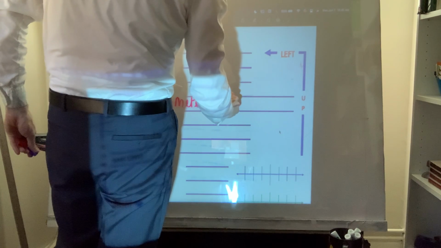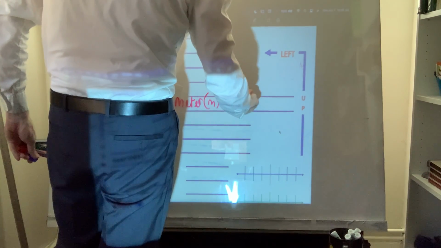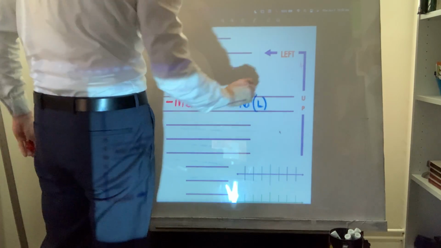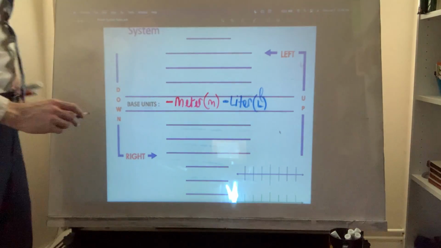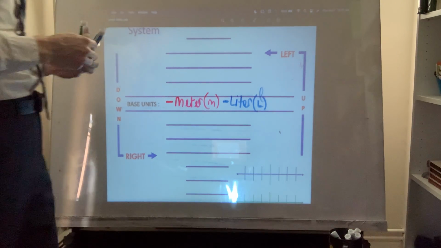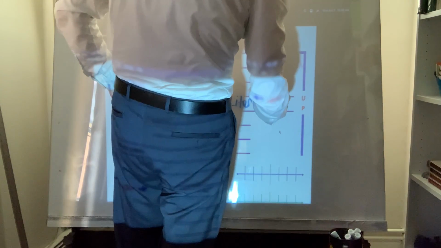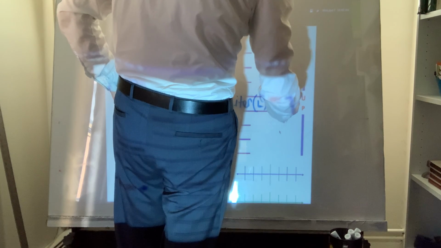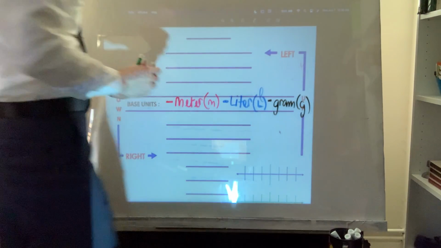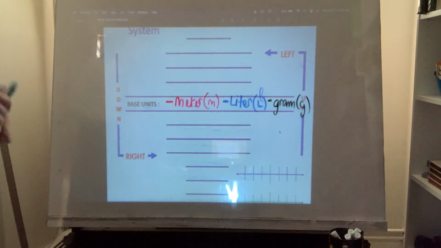The liter, which historically is abbreviated capital L. Your book might use a script L. And the gram, or mass, which is abbreviated lowercase g.